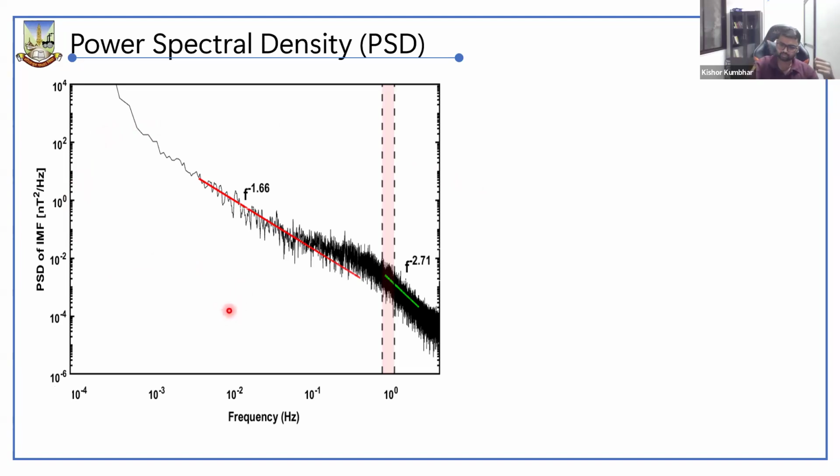Usually the power spectral density of solar wind has a power law behavior, that is, it follows f raised to minus alpha, where alpha is the spectral index. And based upon the wave scales, the turbulence is divided into three regions.